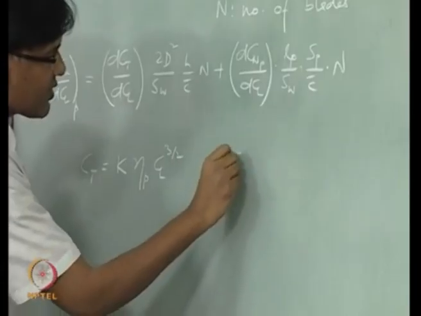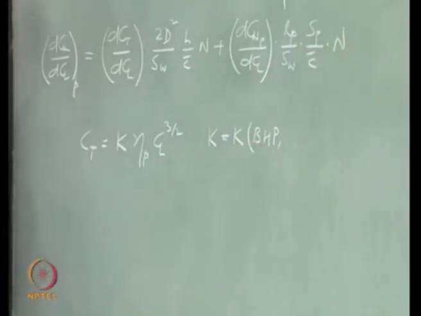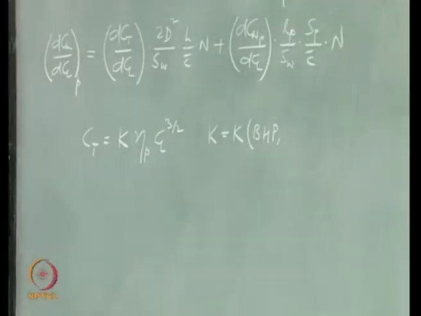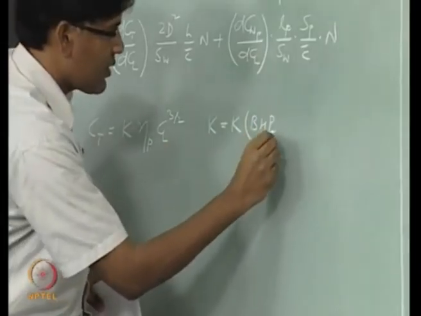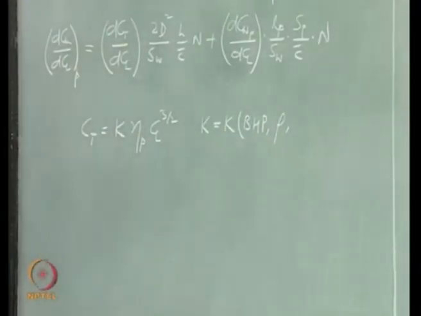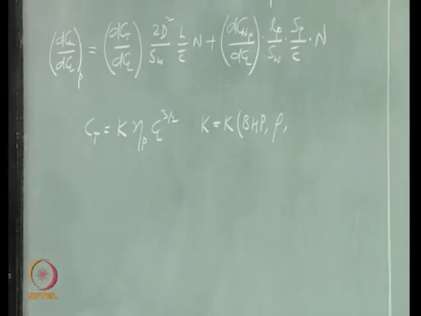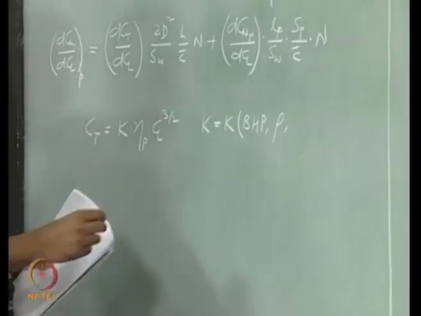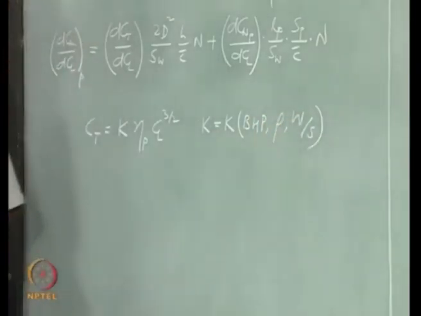This K is a function of the power that an engine can produce, the density, right, because this aircraft is going to operate at different altitudes and density is going to change with altitude, and the wing loading, right.